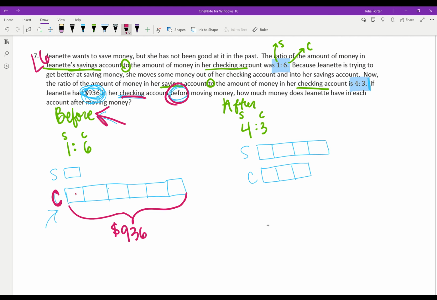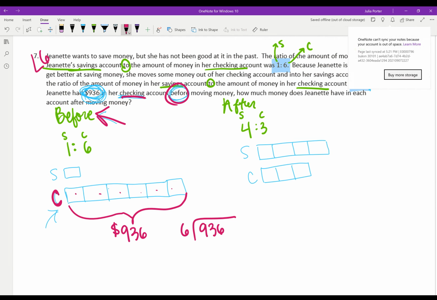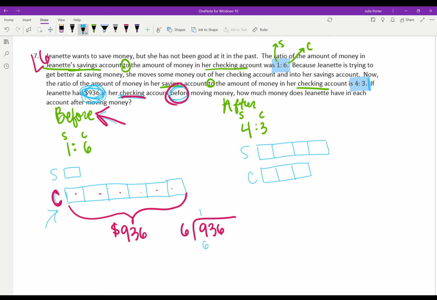And then I have 1, 2, 3, 4, 5, 6 sections within my checking account before. So I know that this 936 needs to be evenly split 6 times, meaning that I need to do 936 divided by 6. So let's go ahead and do this. 6 goes into 9 one time. With 6, subtract, and I get 3. Bring down my 3, and 6 goes into 33 5 times with 30.